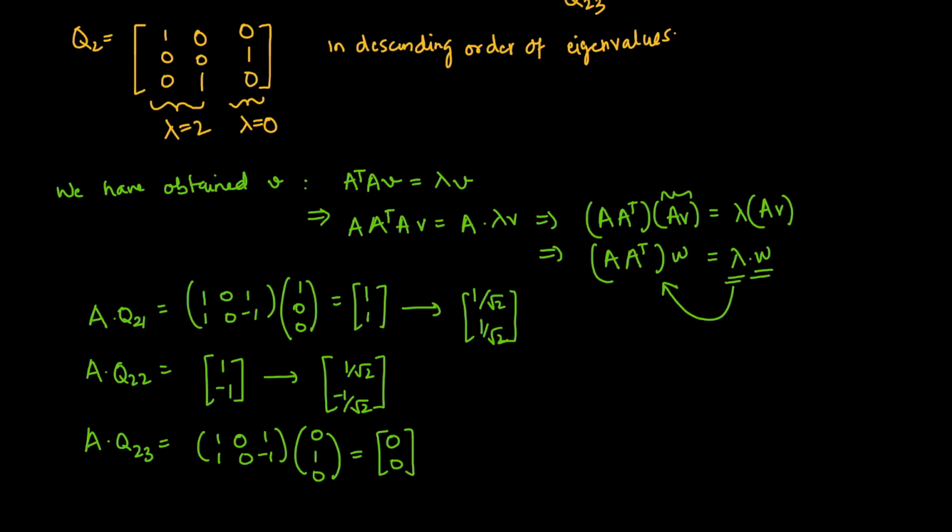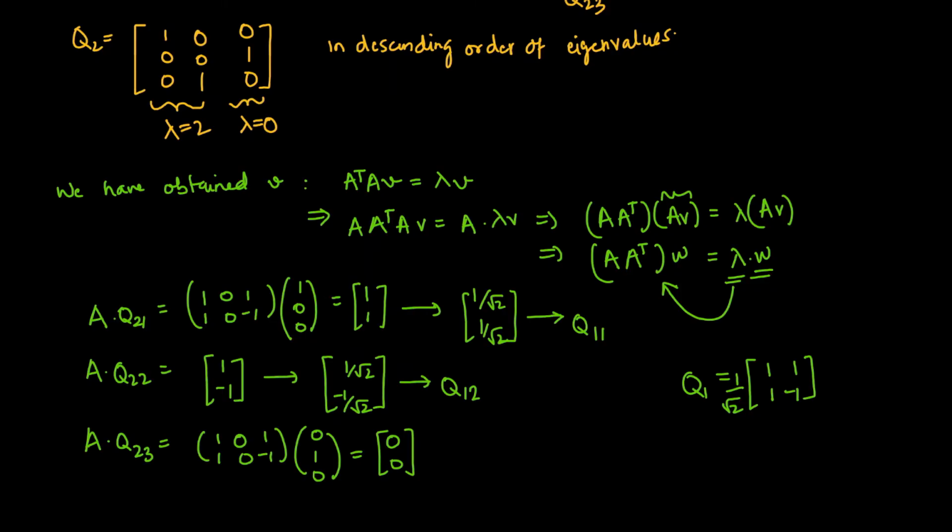So this vector will form the first column of Q1, and this will form the second column of Q1, right? So we can obtain Q1 to be equal to, let me write 1 by under root 2 outside, 1 1, 1 minus 1. So this is our Q1.